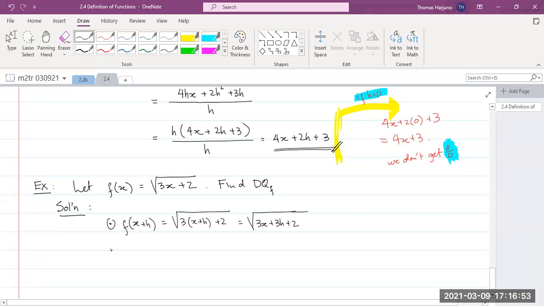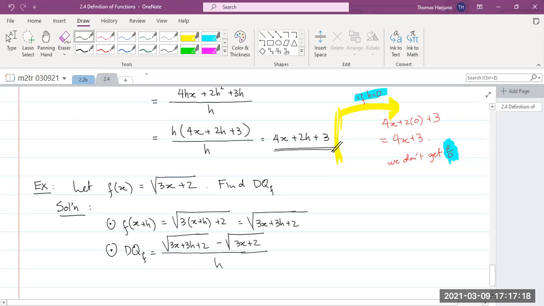Now, therefore, the difference quotient will be, on the top left, the square root of 3x plus 3h plus 2 minus the square root of 3x plus 2, over h.